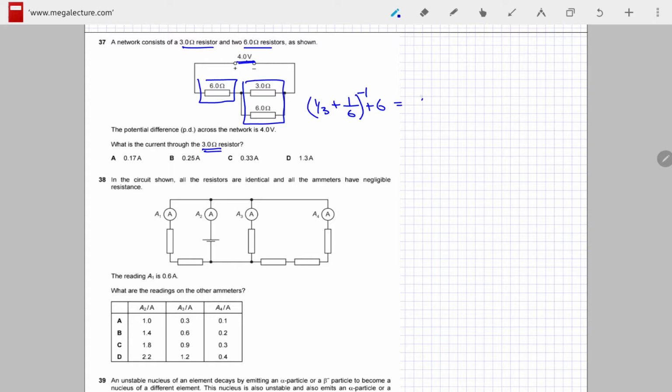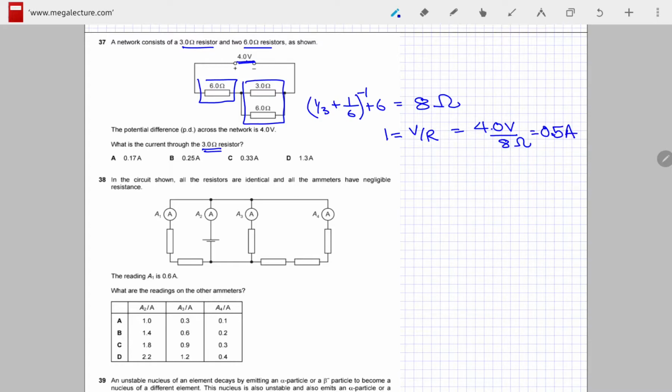So that gives me 8 ohms. So the current in the circuit is then given by I equals V over R, and we know that V is the difference across the network, which is 4.0 volts, and R we just computed as 8 ohms. This gives me 0.5 amperes current.